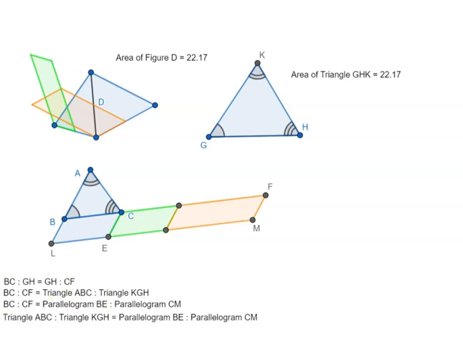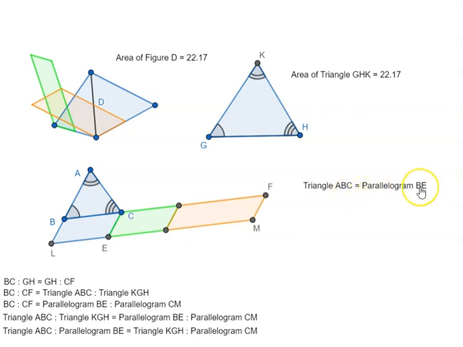So we can say triangle ABC is to triangle KGH as parallelogram BE is to parallelogram CM. If we take the alternate ratios, we get triangle ABC is to parallelogram BE as triangle KGH is to parallelogram CM.